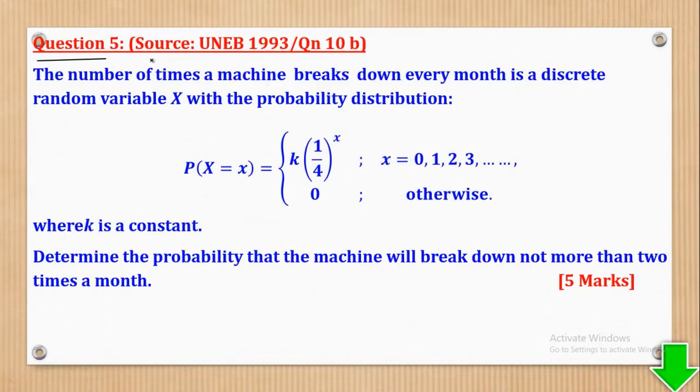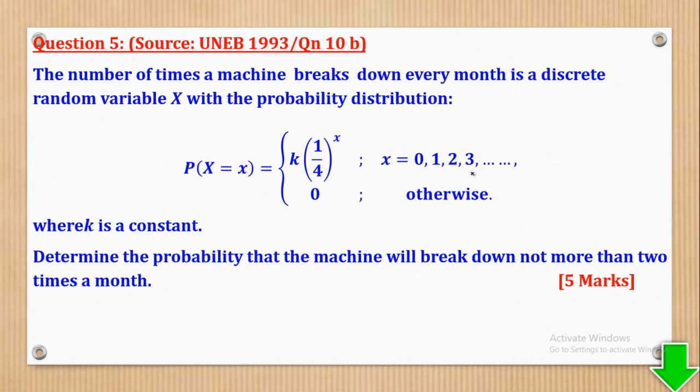Now we shall go to question 5, which came from UNEB 1993, paper 2, question 10b, and it says the number of times a machine breaks down every month is a discrete random variable x with a probability distribution given by this.